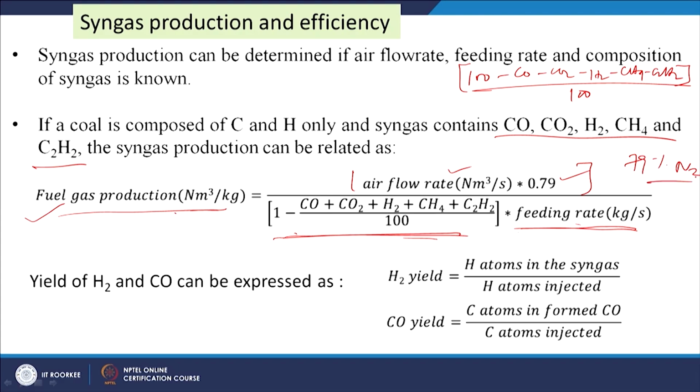That way we get this relationship. Now, we can determine the yield of hydrogen and carbon monoxide: hydrogen yield is equal to hydrogen atoms in the syngas divided by hydrogen atoms injected in the feed, and CO yield is carbon atoms in the formed CO by carbon atoms injected.